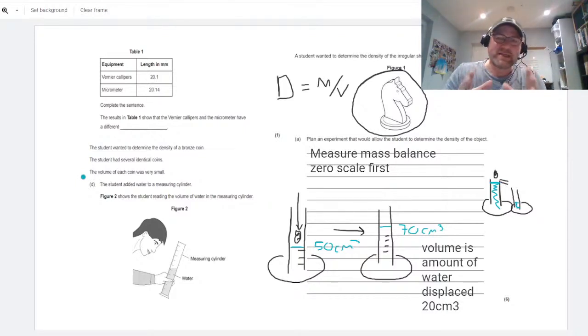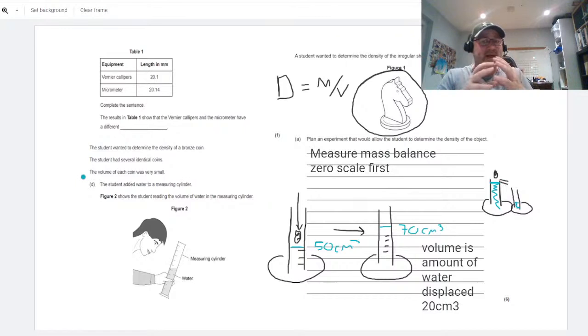So you need to say: weigh the beaker without the vegetable oil, add the vegetable oil, measure the mass again on the balance, and subtract the container to get the mass of the vegetable oil. Or you can just say zero it with the beaker: put the beaker on the balance and zero, then add the oil.